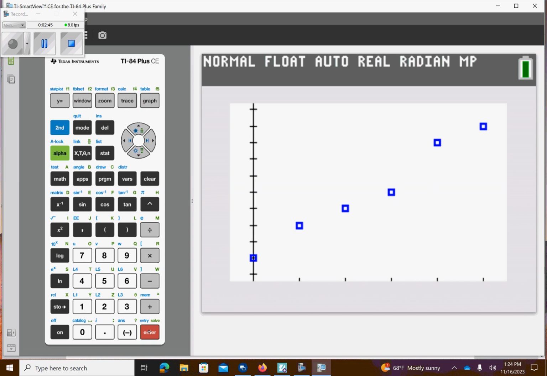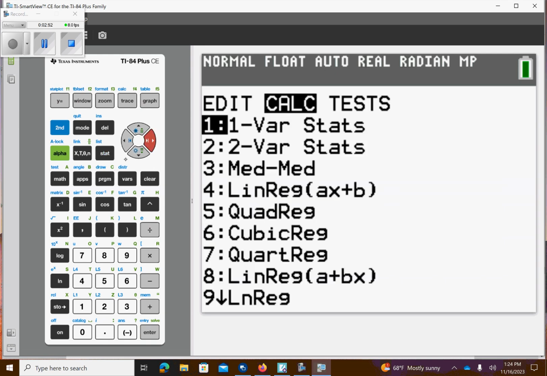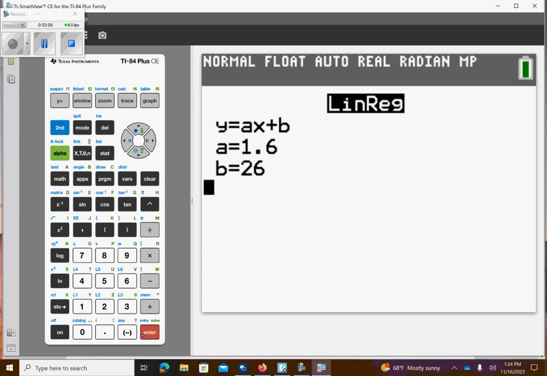So then if we want to find our line of best fit, we're going to go back to stat. We're going to calculate. So use your arrows. We want to find the linear regression, number 4, for list 1, list 2. And we want to hit calculate. Okay, so it looks like we have a slope of 1.6, and we have a y-intercept of 26.